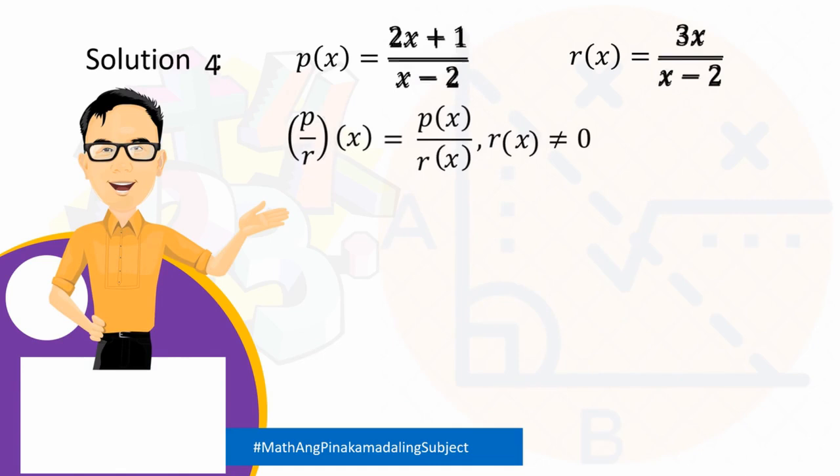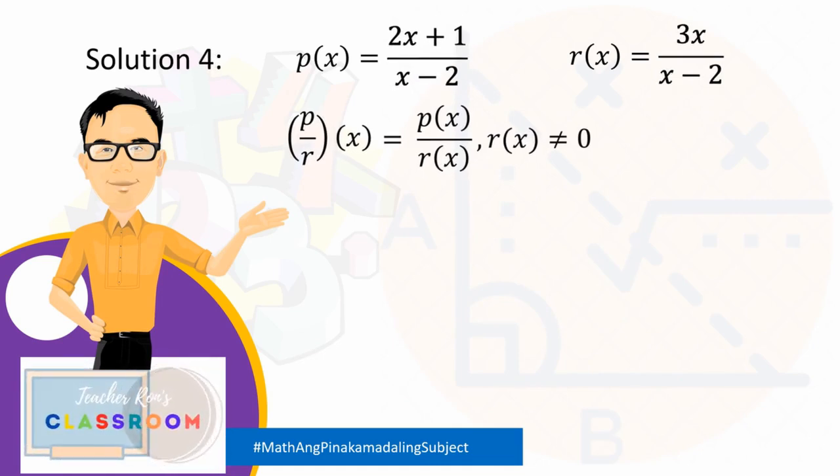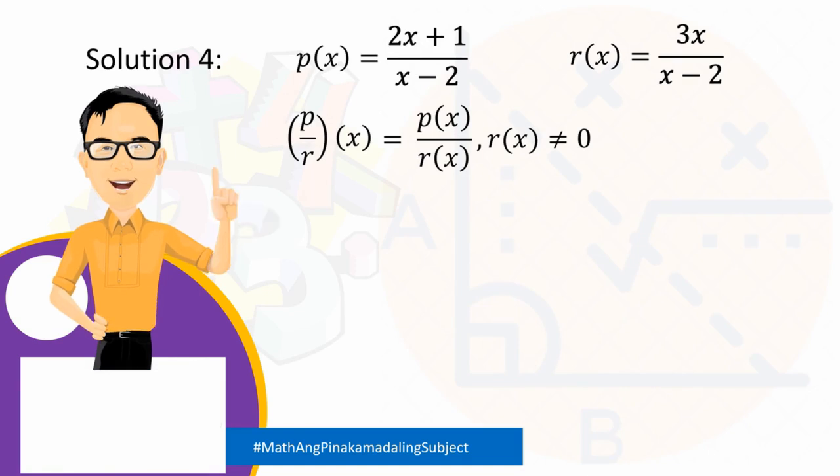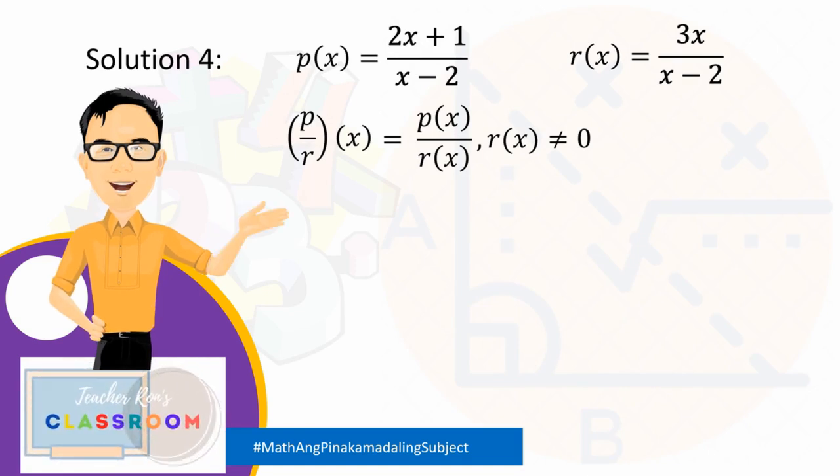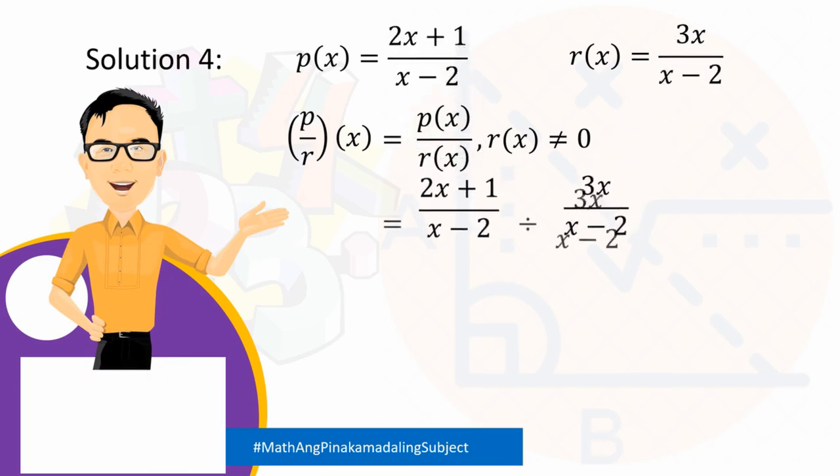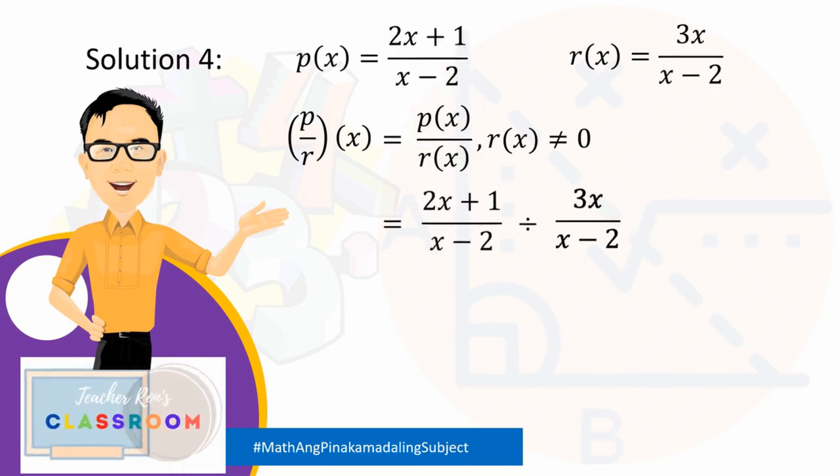Now, let us solve for p divided by r of x. P divided by r of x is equal to p of x divided by r of x, where r of x cannot be equal to 0. Replace p of x with 2x plus 1 over x minus 2, and r of x with 3x over x minus 2.